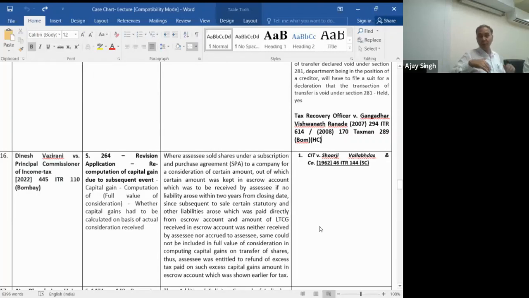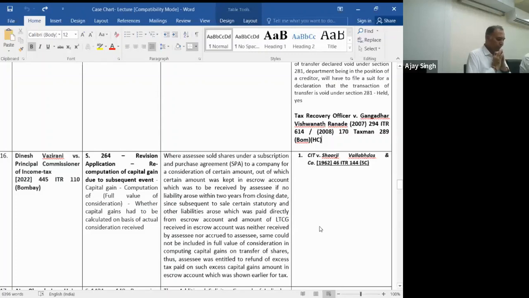In view of a subsequent event, which is very important and I will come to it later, he wanted to take back the capital gain to some extent, because according to him that was not received or accrued to him, because of the peculiarity of the facts involved. Because of the subsequent event, that amount was not liable to be taxed under the head capital gain.